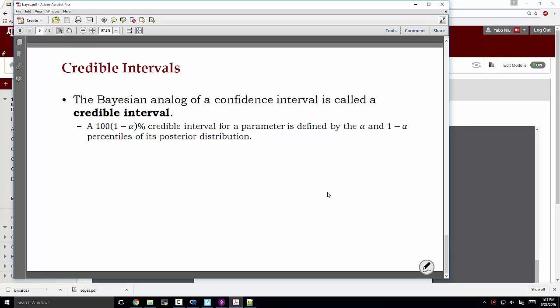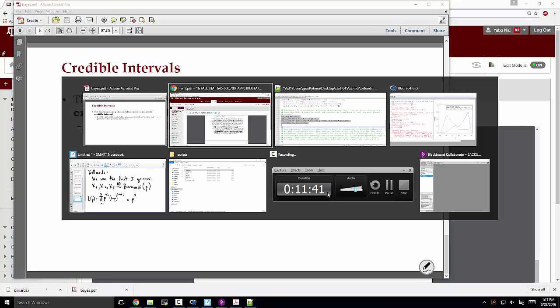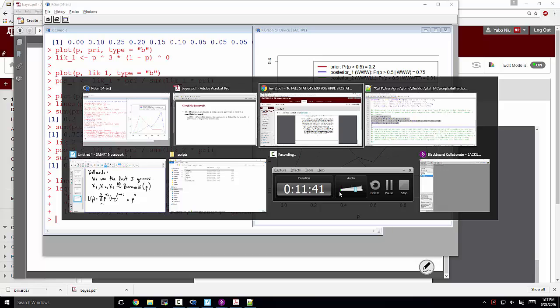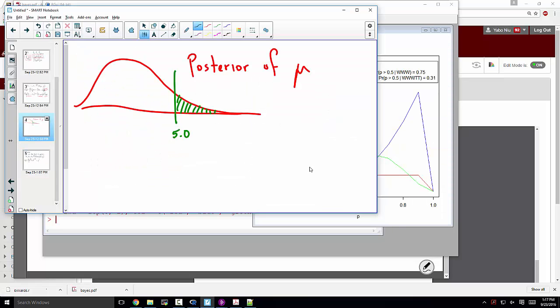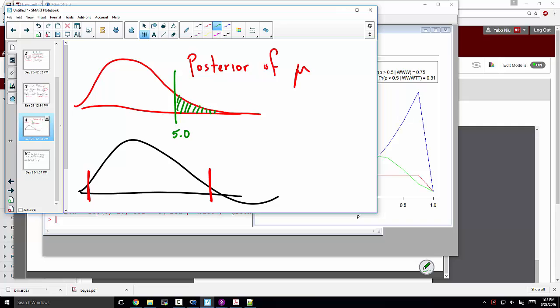A Bayesian credible interval is an area under the posterior that captures the inner X%, whatever percentage you want. A 95% credible interval, for example, would go out to here and out to here, such that 95% of the posterior is captured.